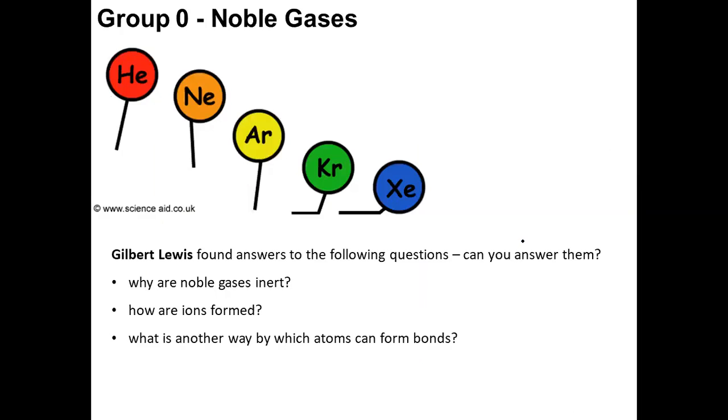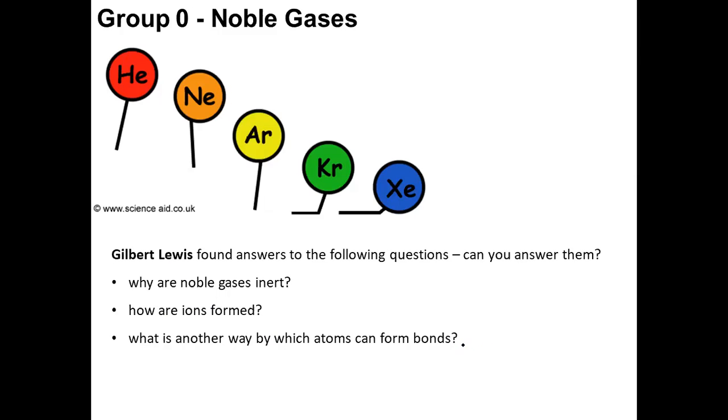Noble gases, as you know, are inert. What do you think is the reason? Yes, noble gases have a full outer shell, so they do not lose or gain electrons, right? So they don't form ions. Another way by which atoms can form bonds would be covalent bonds, sharing.